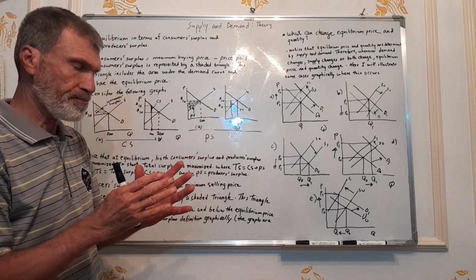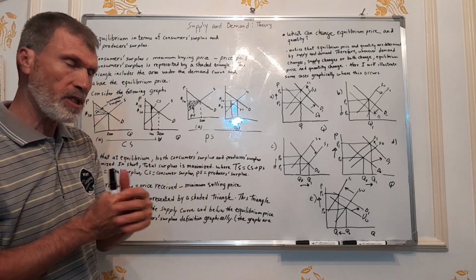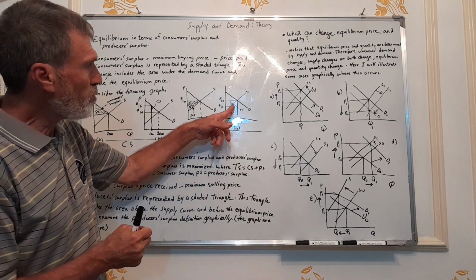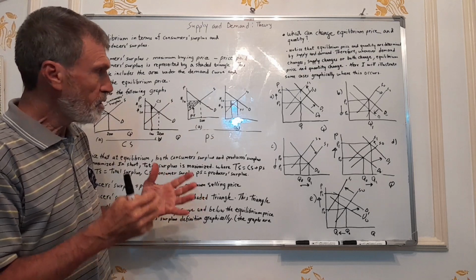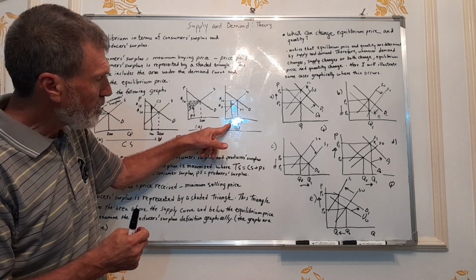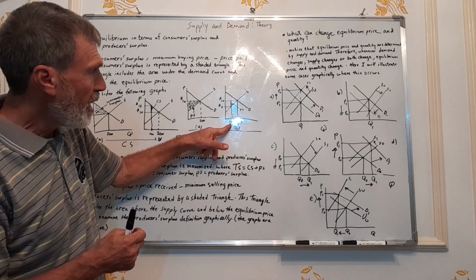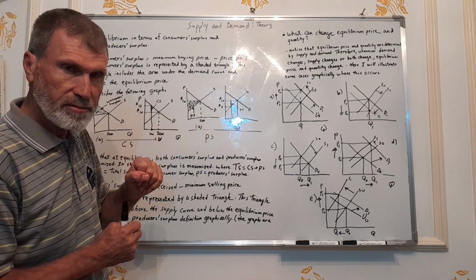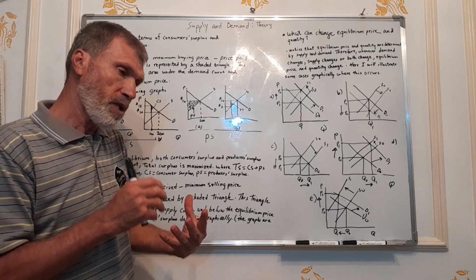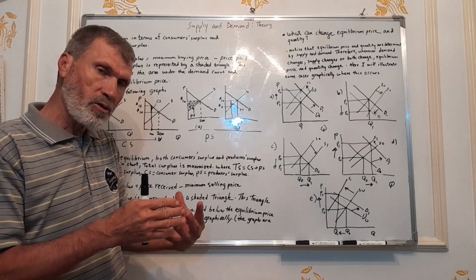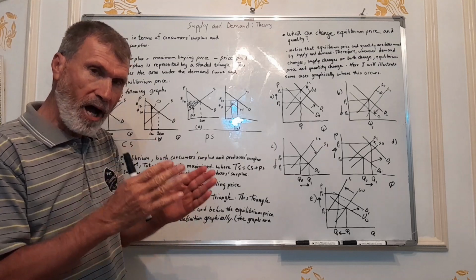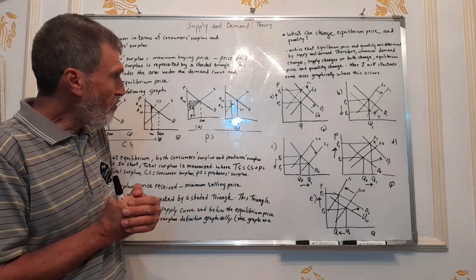When we define the producer surplus, we say it equals the price received minus the minimum selling price. Here the equilibrium price is $10. Now, the producer would have sold the 100 units of the good for as low as $7.